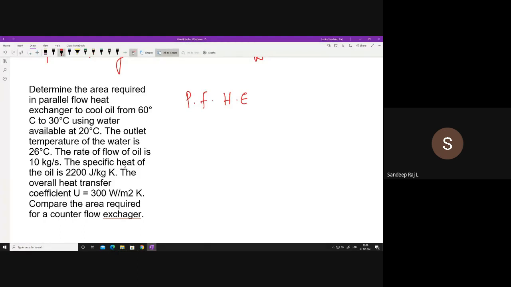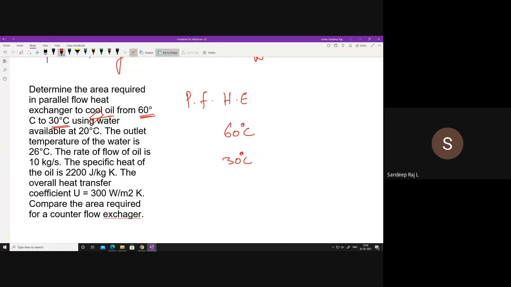Its function is to cool oil, so the whole heat exchanger will do this. Whether these 60 and 30 degrees centigrade are the temperatures of a hot fluid or cold fluid, we have to look at.